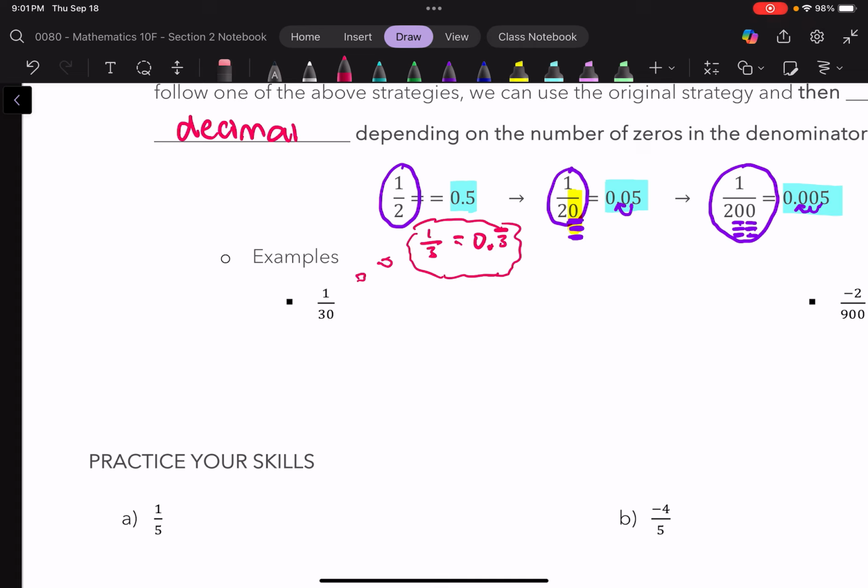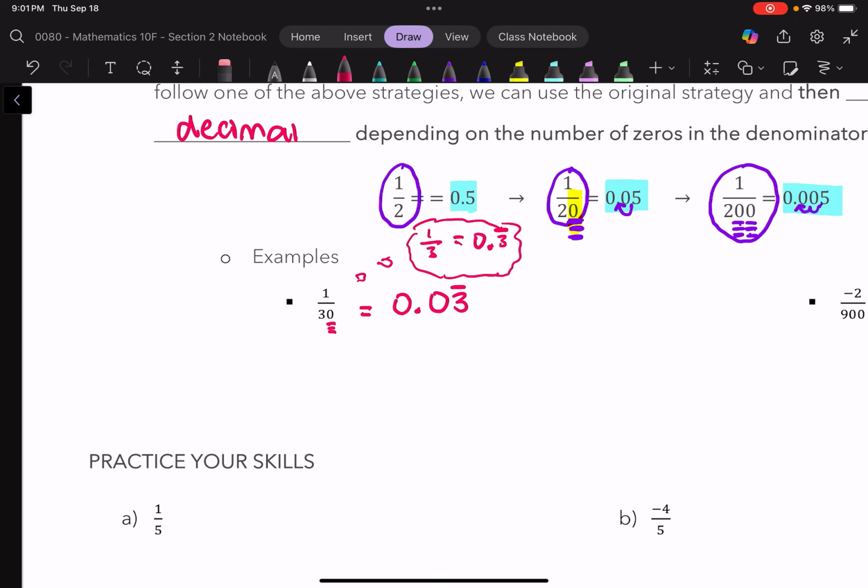Now, based on the fact that there's one 0 trailing in my denominator that makes 1/3 different from 1/30, that must mean my conversion for my decimal is going to have one extra 0 in front of the number coming after the decimal. Everything gets shifted over one decimal place.